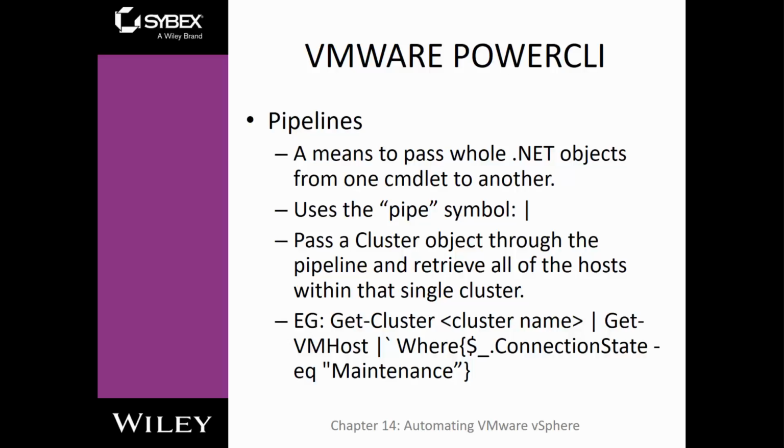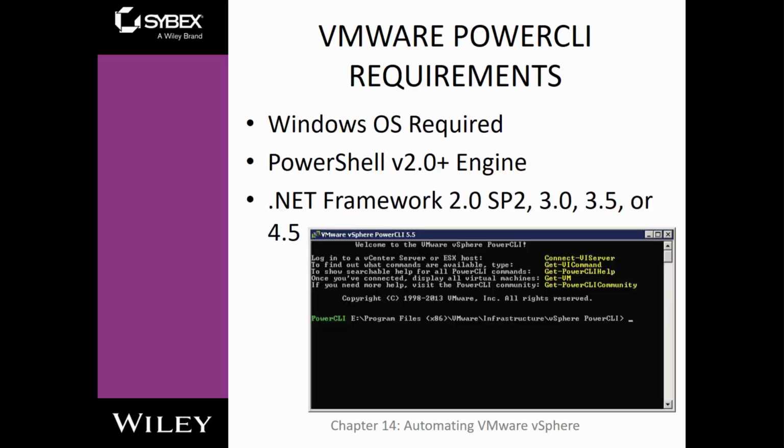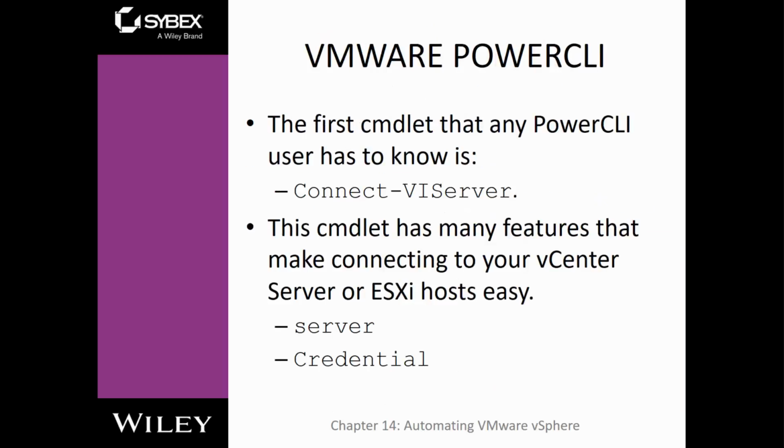VMware's PowerCLI requirements: it does require a Windows machine, PowerShell at least version 2, and the appropriate .NET frameworks. The first cmdlet that any PowerCLI user has to know is Connect-VIServer. That just allows us to connect to a virtual server.